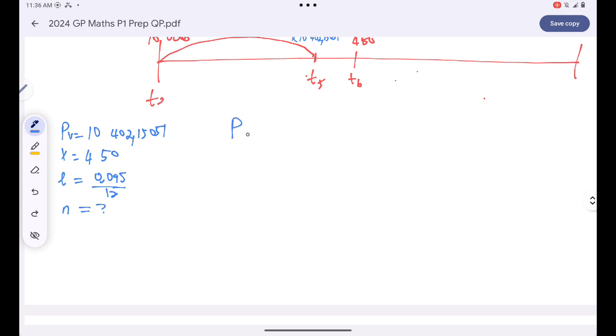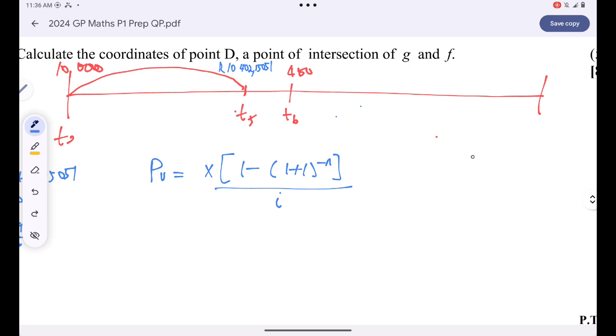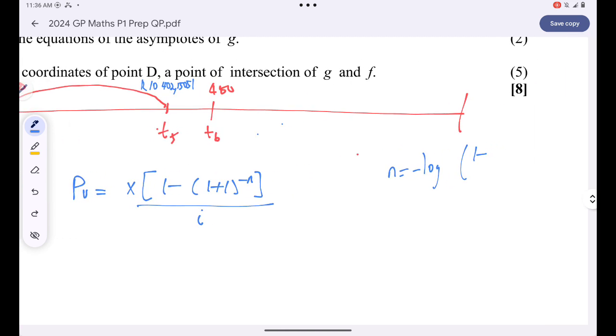So this will simply be PV equal to X times 1 minus (1 plus i) to the exponent negative n, all over i. To avoid making mistakes, guys, please write this on your question paper: n is equal to negative the log of 1 minus the present value times the interest all over the installment amount, and the base is 1 plus the interest.